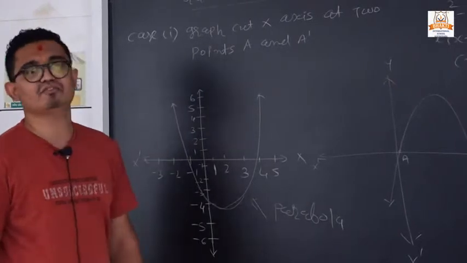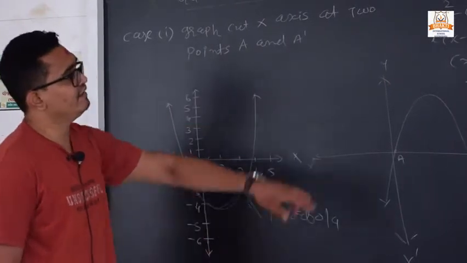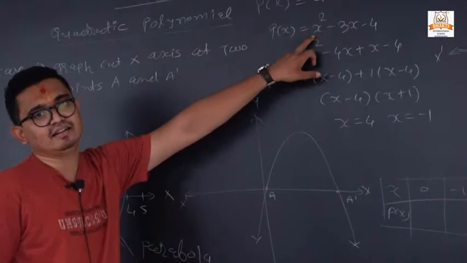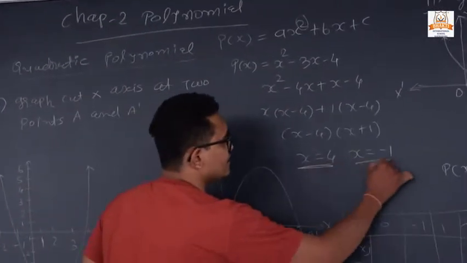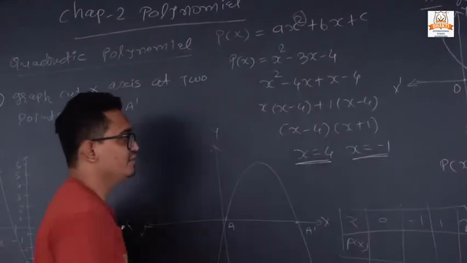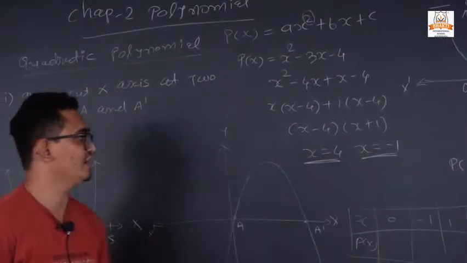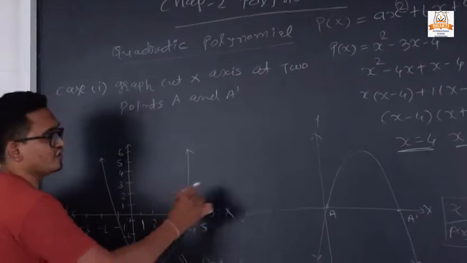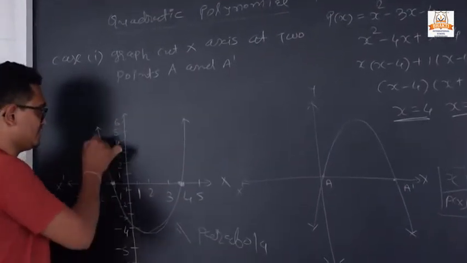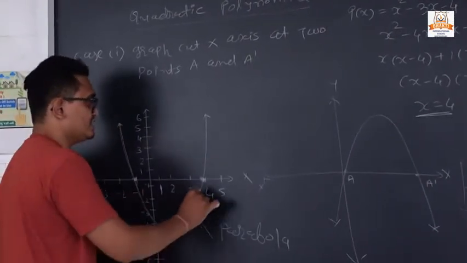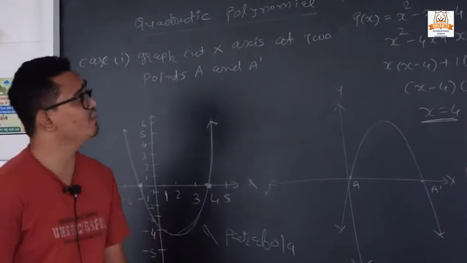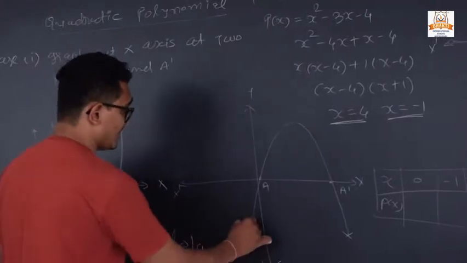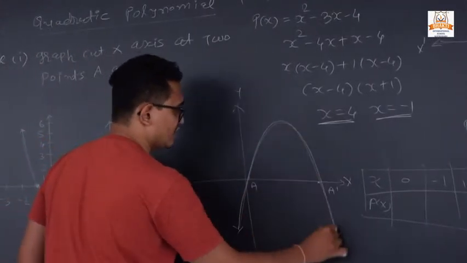If we have the quadratic polynomial and factorize it, x has two different values: x is equal to 4 and x is equal to minus 1. So here it cuts at 4 and here it cuts at minus 1. If we plot the graph, it is a parabola shape.